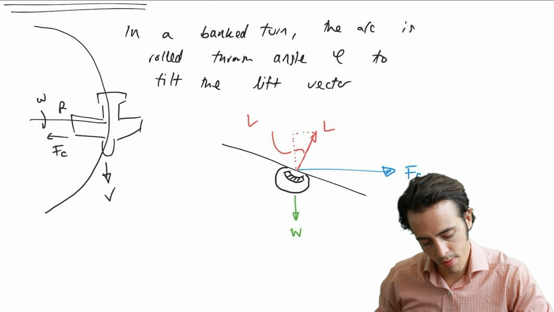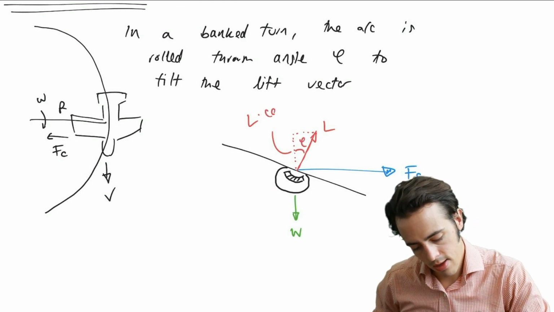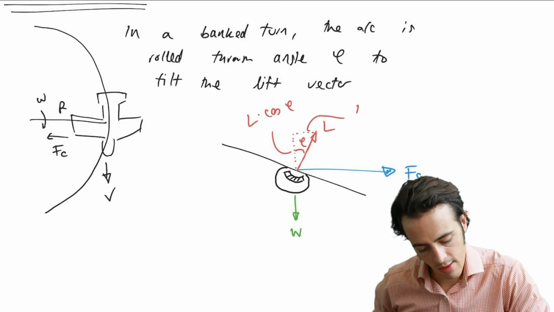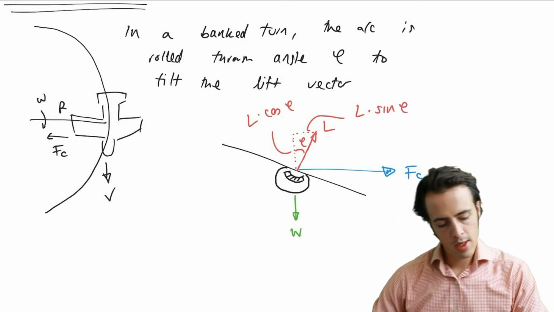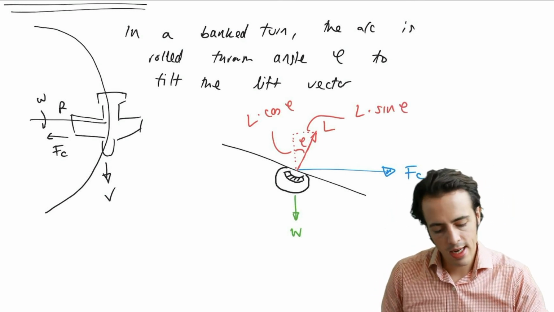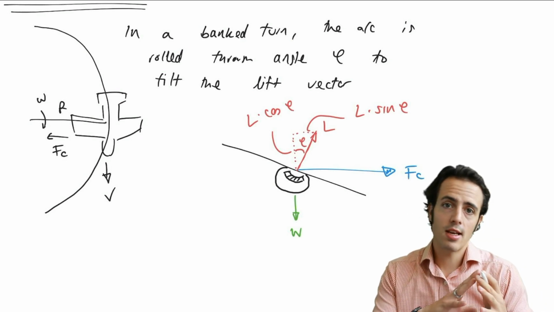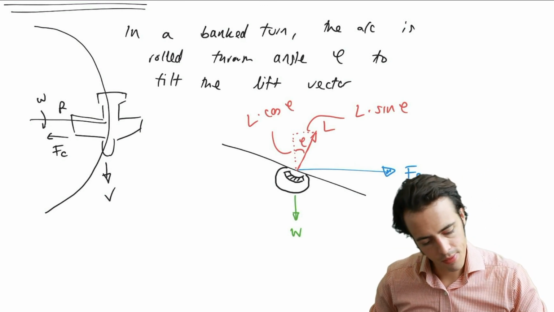Let's just draw the bank angle in, phi. This is L cosine phi in this case, which means this part here is L sine phi. So we can immediately see that the lift has to be this addition, it has to overcome the lift that was produced previously in order to maintain this vertical equilibrium.